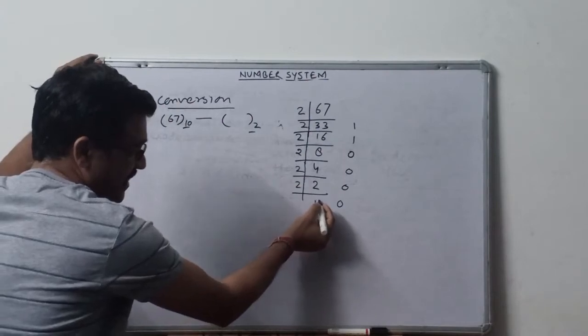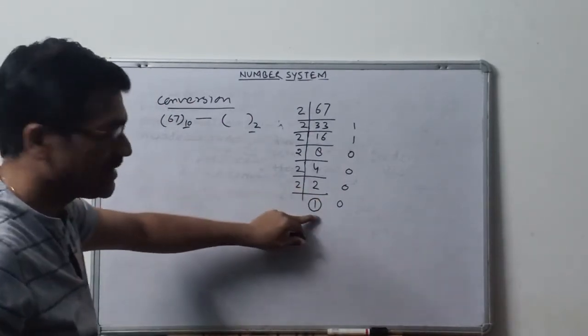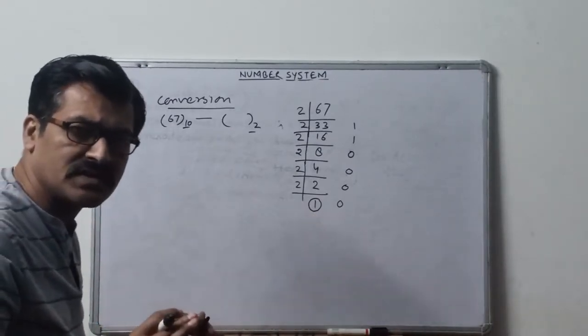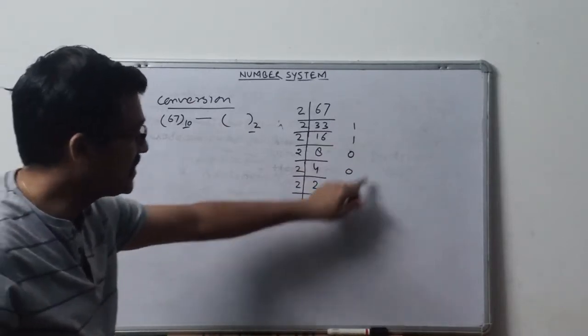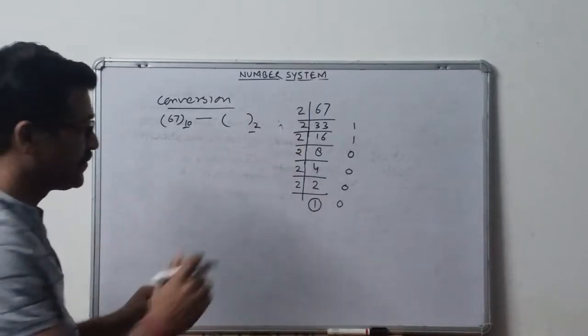And here last, this 1 is also a remainder, because we cannot divide it by 2 now. No decimal values, no division in decimal, because we need the remainders. Look at the remainders. These are 1 and the zeros, because we are divided by 2.